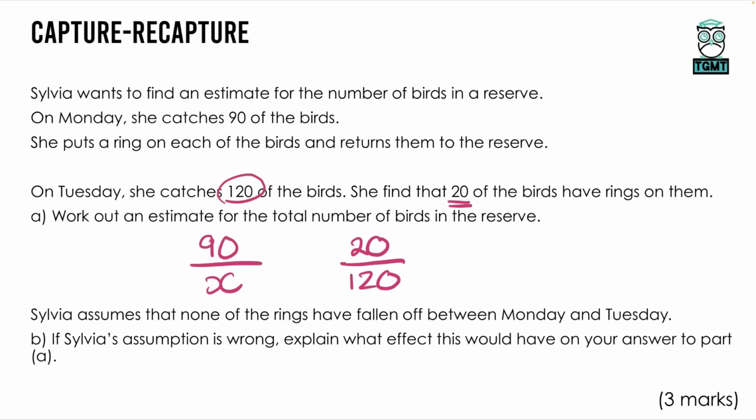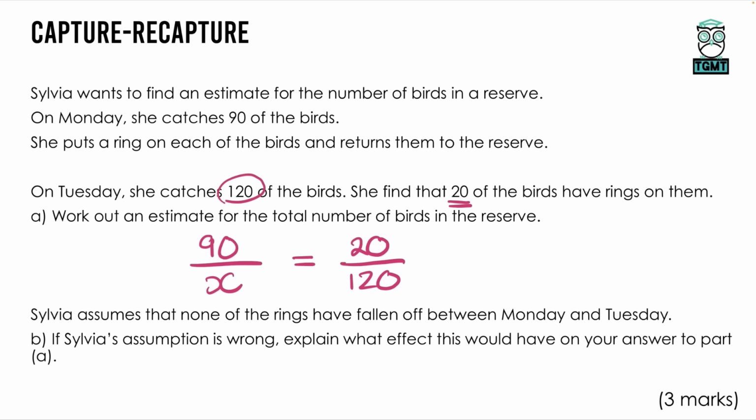Now, when we're looking at this question, all we actually want to do is put an equal sign between them and assume that these are proportional. Now, if they are proportional, we just need to think about how to create that fraction, 90 over something, as an equivalent fraction to 20 over 120. Now, there are a few different things you can do. If you can spot without a calculator how to get from 20 to 90, brilliant.